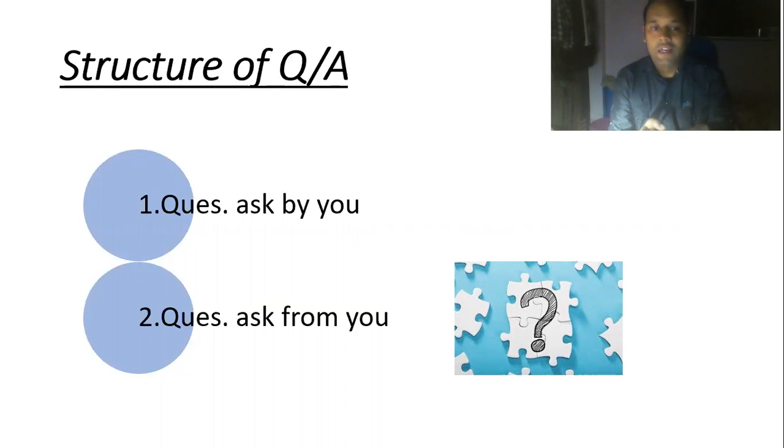The second type is when someone asks a question from you. In the first type, when we want to ask a question from someone, we generally use the standard WH family questions such as why, what, how, when, and so on. It does not require any standard format to ask the question.